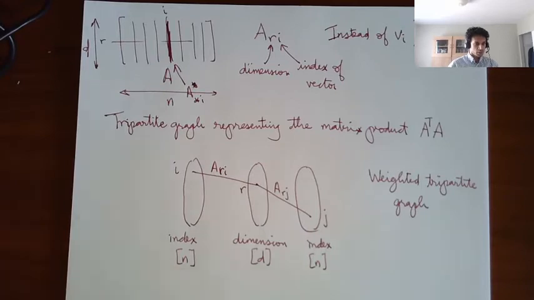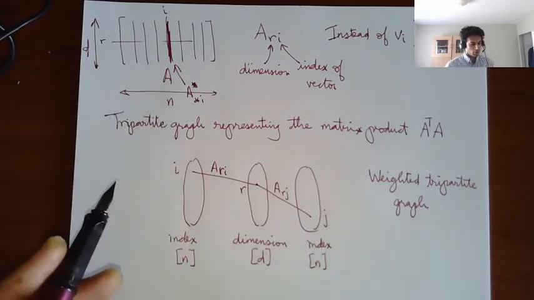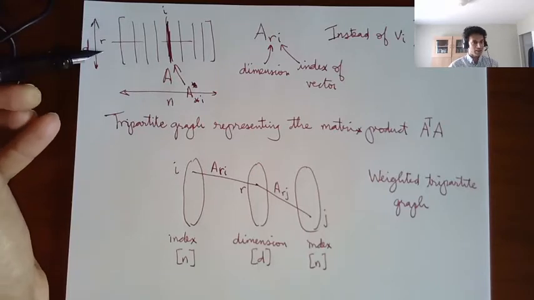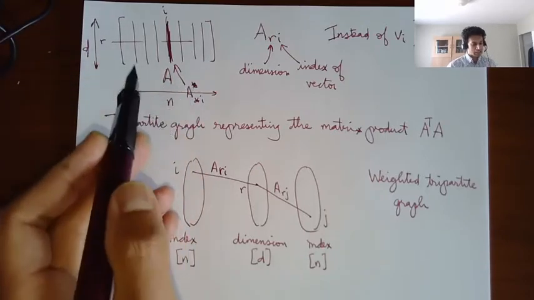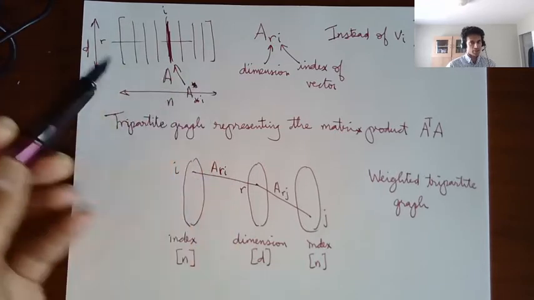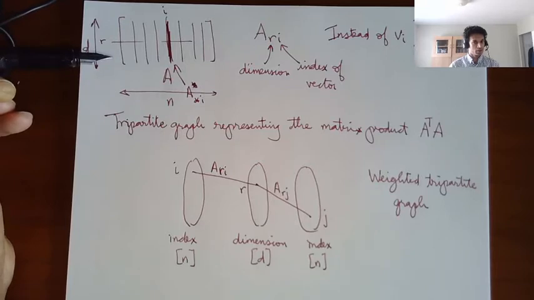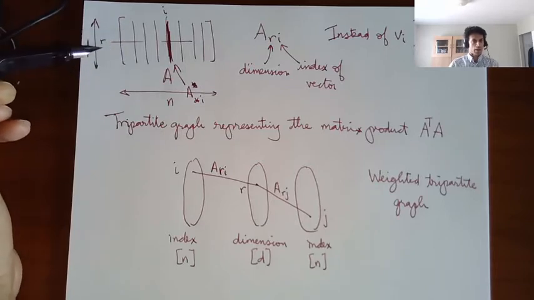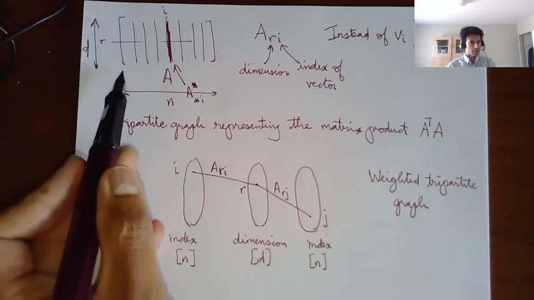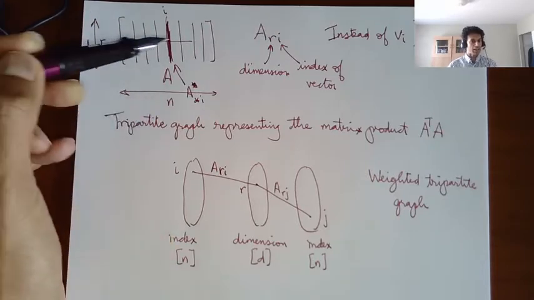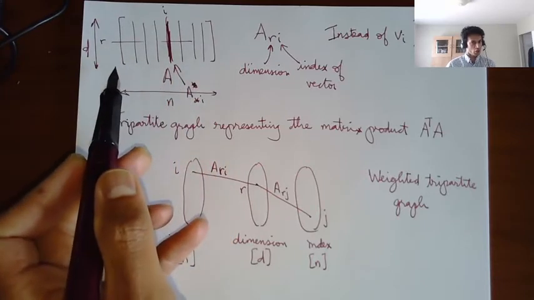When I'm indexing a matrix, I have an index over here and an index over here. For convenience, I'll use r generically as a dimension, and i and j as indices. So r is an index of a row, and i and j are indices of columns.